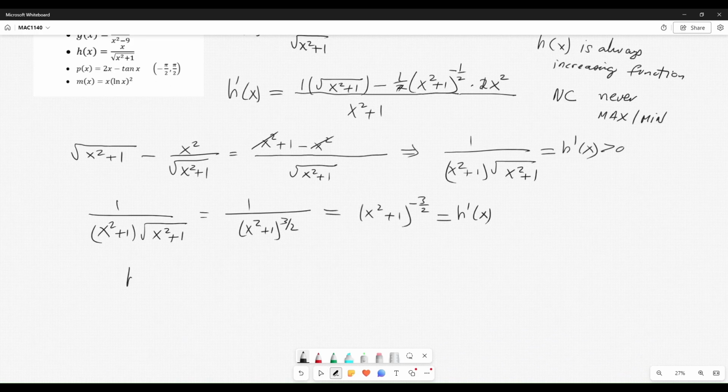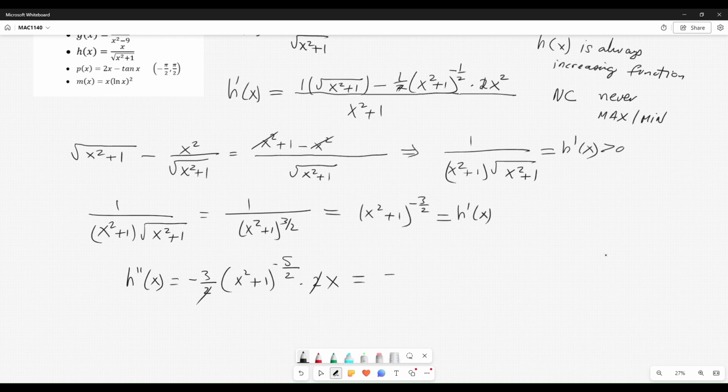Second derivative is negative 3 over 2 times x squared plus 1 raised to negative 3/2 minus 1, which is negative 5 over 2, times 2x. One more time, the 2s cancel. Let me put it in an elegant way.